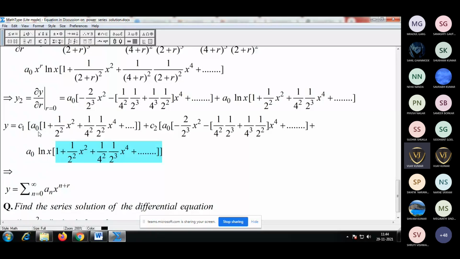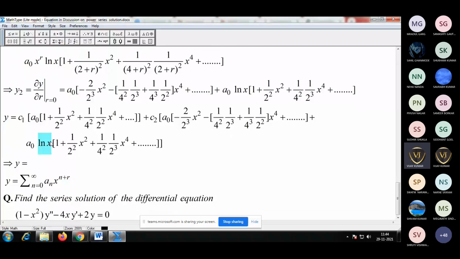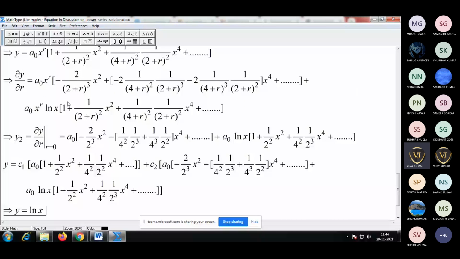We may combine these two summations. So we may say this is the solution, or we may do some more simplification. So log x into y1.